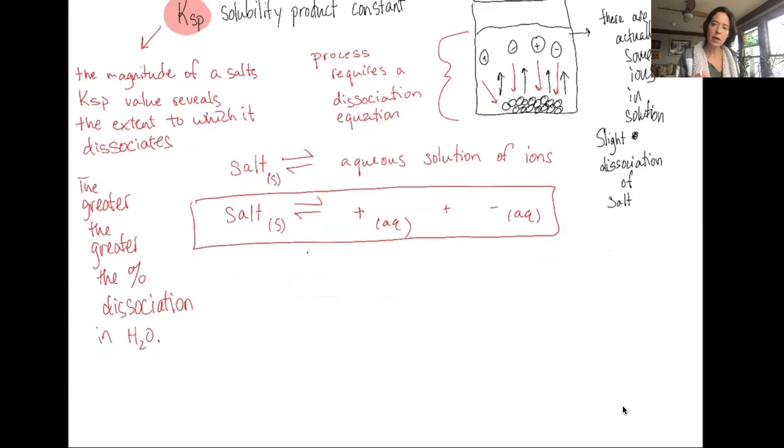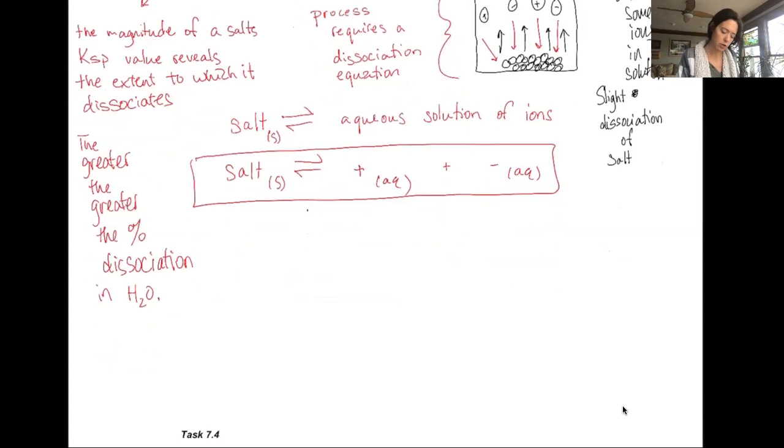Now, KSP and solubility are different things. And I think that's why students get confused. Solubility, we're going to use an S for that, okay? We will use ice charts. We will use S's as opposed to X's. You can use whatever you want.